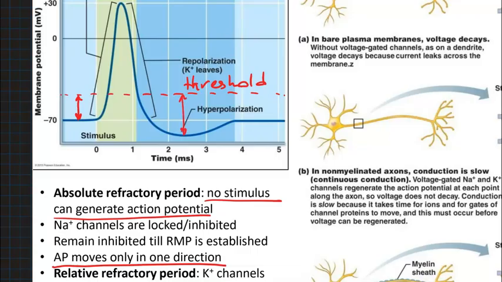Would you agree that arrow 2 is longer than arrow 1? Yes. What does that mean? It means that if you apply a stimulus during that time, you can create another action potential, but the stimulus has to be stronger because you have to depolarize more.